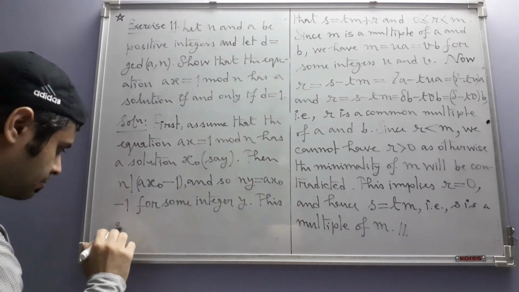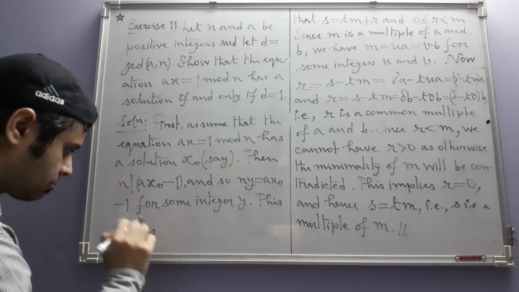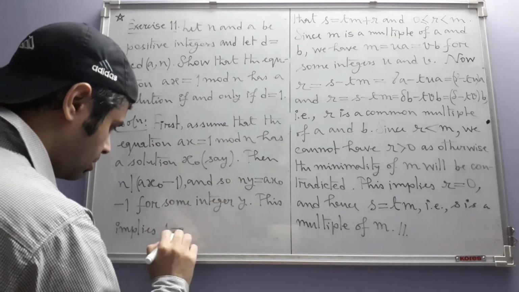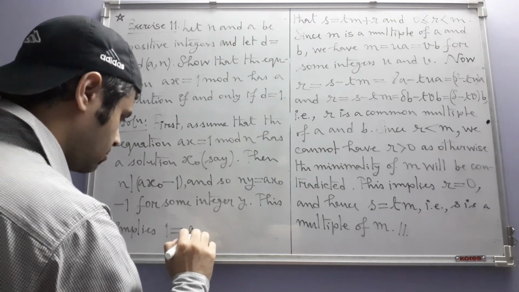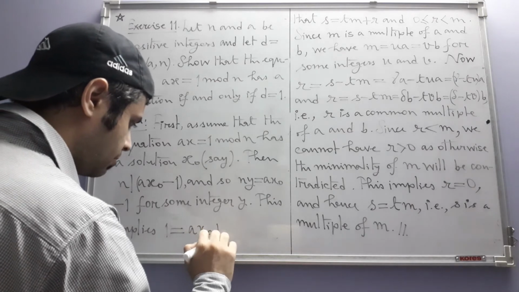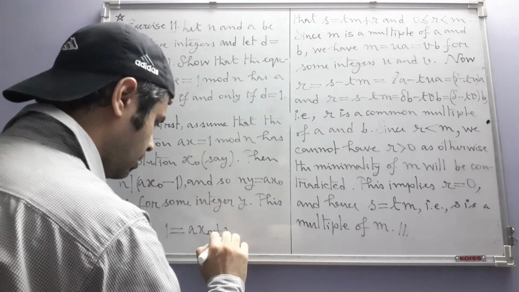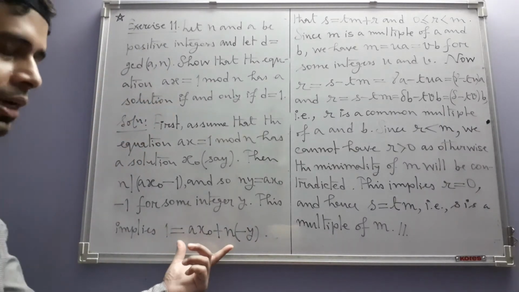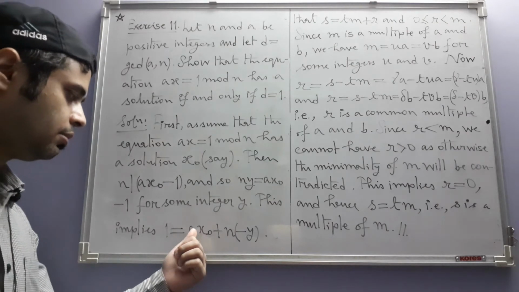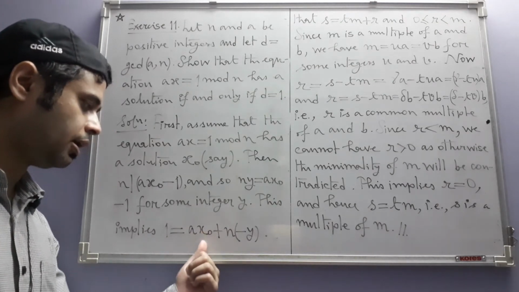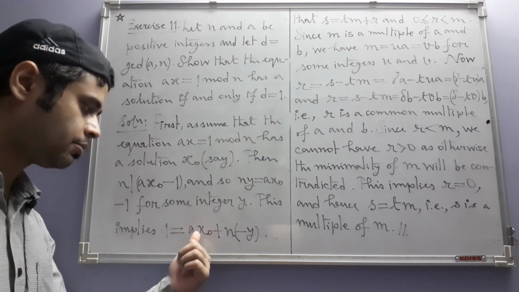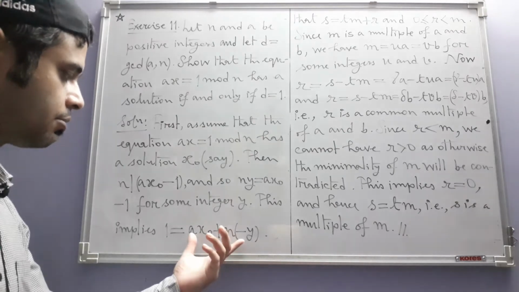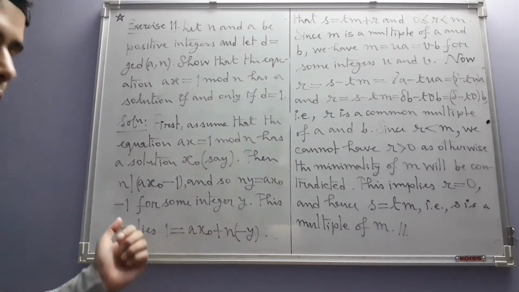This implies, what do we get from this? 1 is equal to ax naught plus n times minus y. Now you look at this final equation. A linear combination of a and n is 1 where the coefficients are integers, or in other words, an integer combination of a and n is 1.